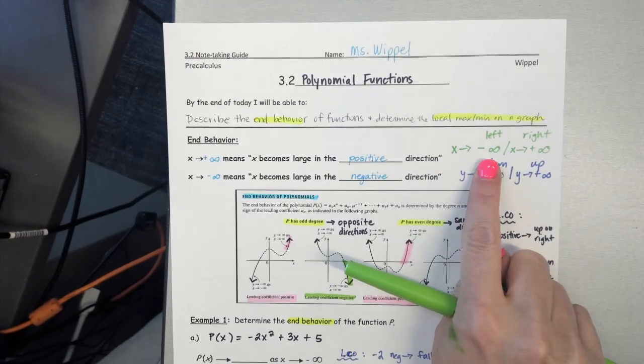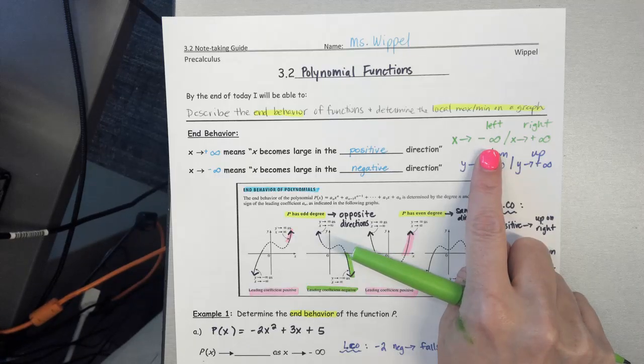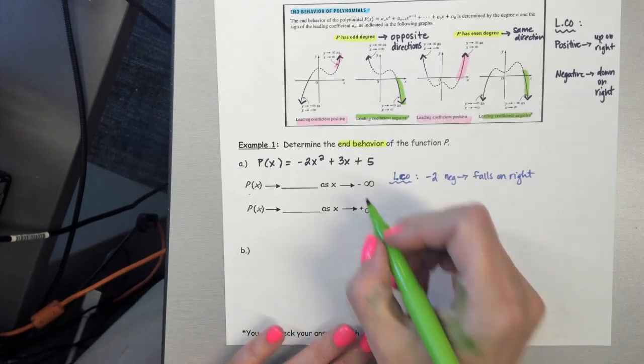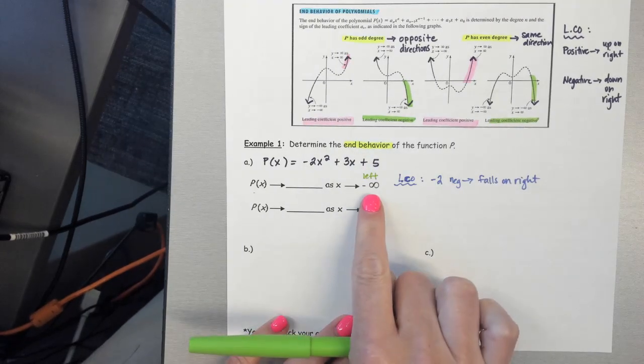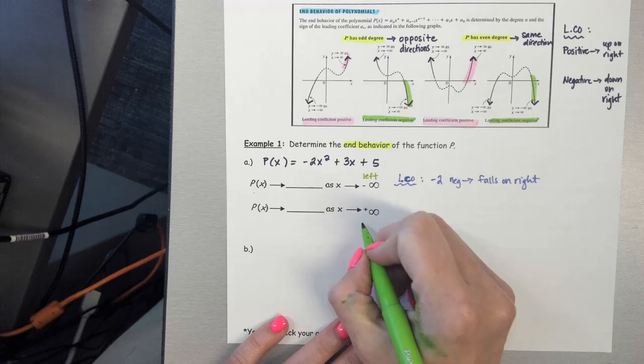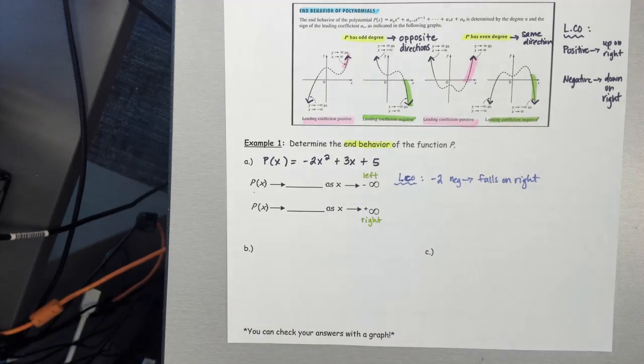We just talked about it. The left side. So this is saying what happens as the numbers get very small, on the left side of the graph. This is saying what happens as the x values get very large, which is the right side of the graph.